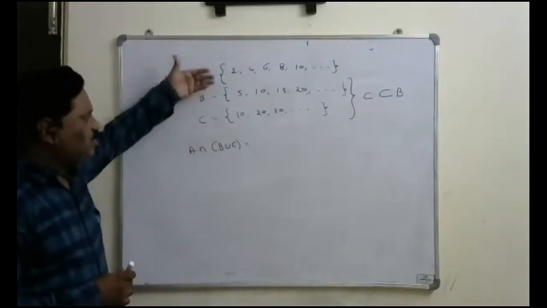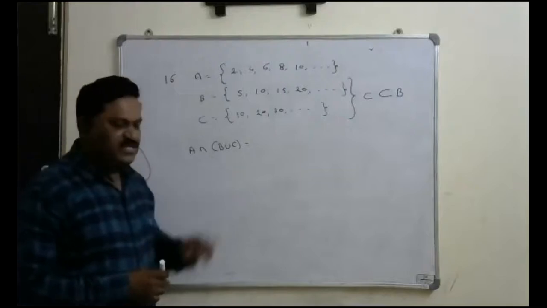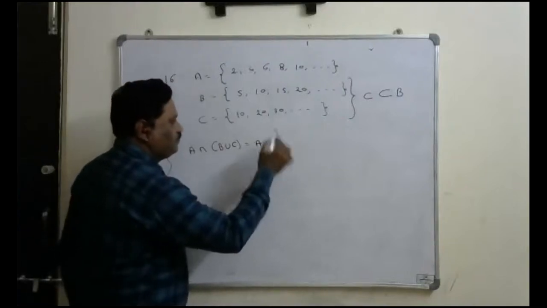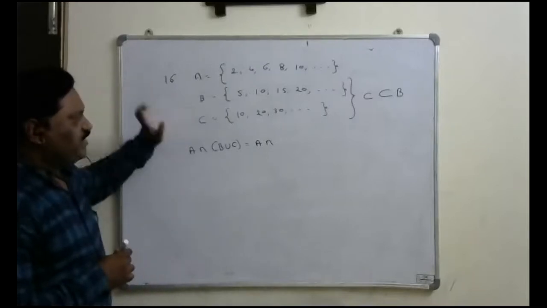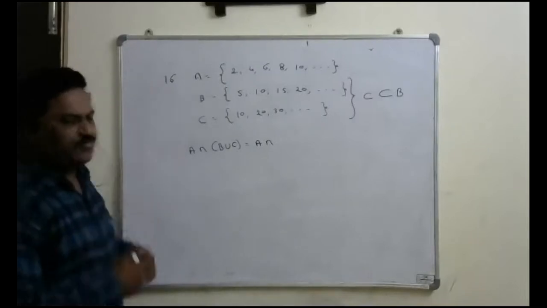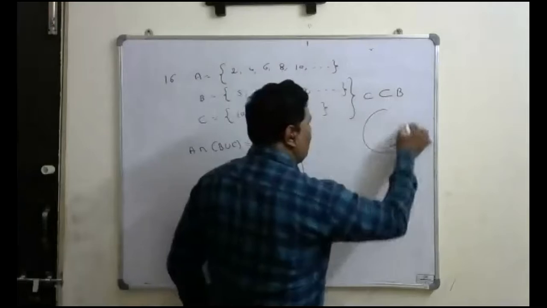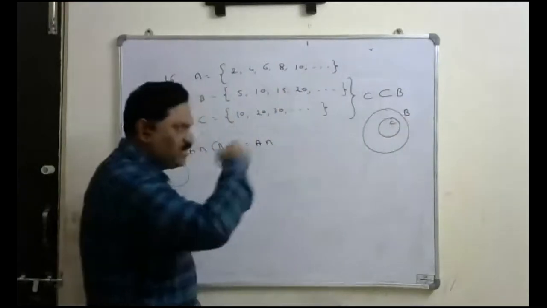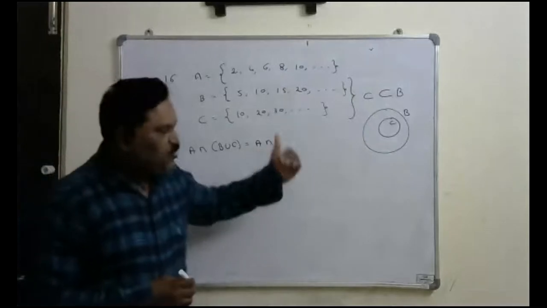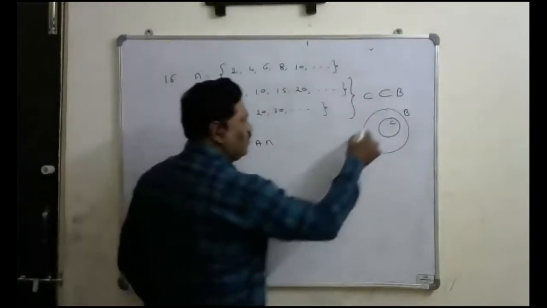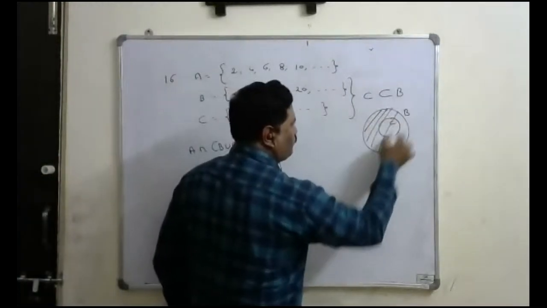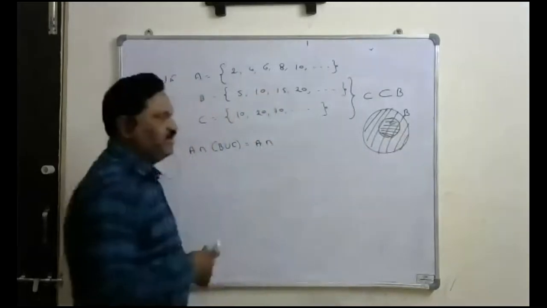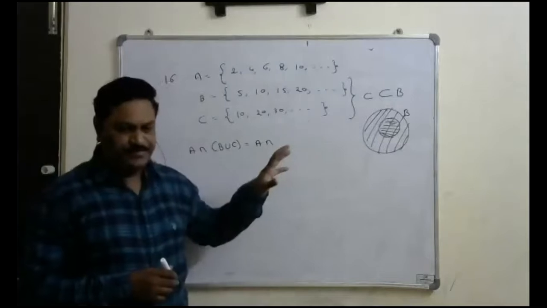When C is a subset of B, what about B union C? What is the union of both? B union C. If C is a subset of B, means C completely lies inside B. This is C and this is B. So this is the set B, and this is set A, and set C. Then what about B union C?